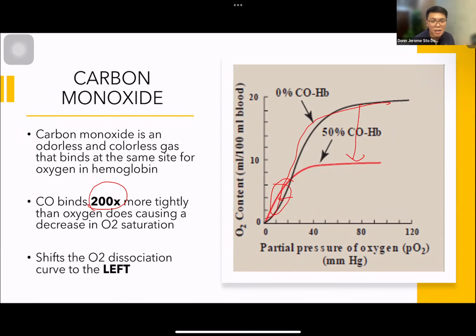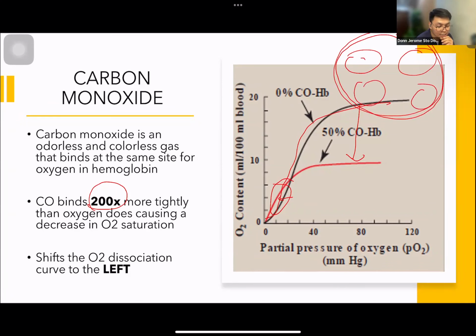Isn't that bizarre? You're saying that carbon monoxide has higher affinity to hemoglobin than oxygen, but why is it that when you have carbon monoxide, you will have higher affinity to oxygen? When you have a hemoglobin molecule, how many subunits do you have? 4 subunits.